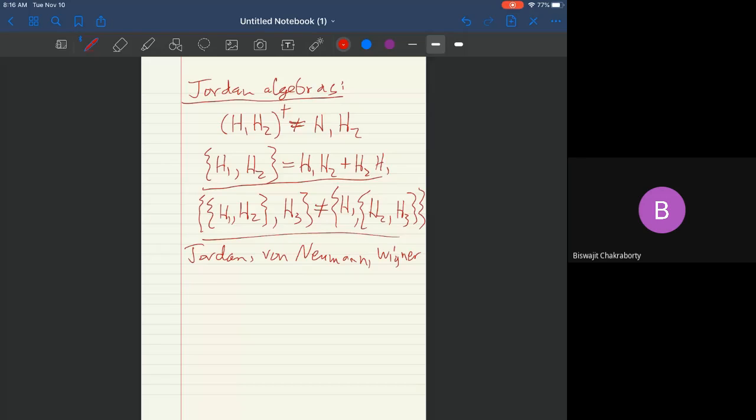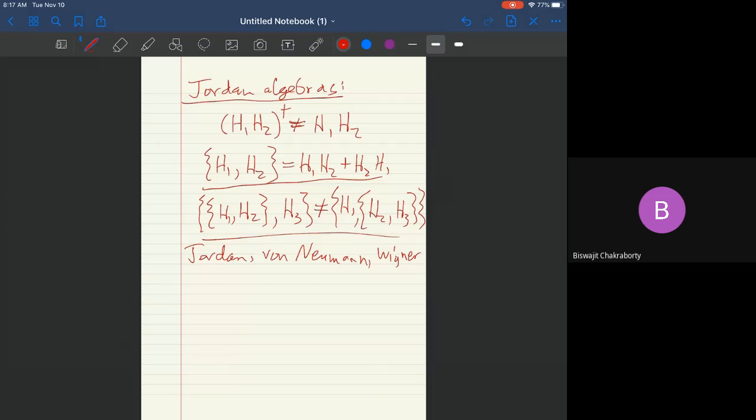There's a handful of infinite families, and then there's a finite number of exceptional cases left over at the end. In this case, one of the infinite families are the so-called spin factor Jordan algebras, which I won't mention here because they're not immediately relevant for this story.